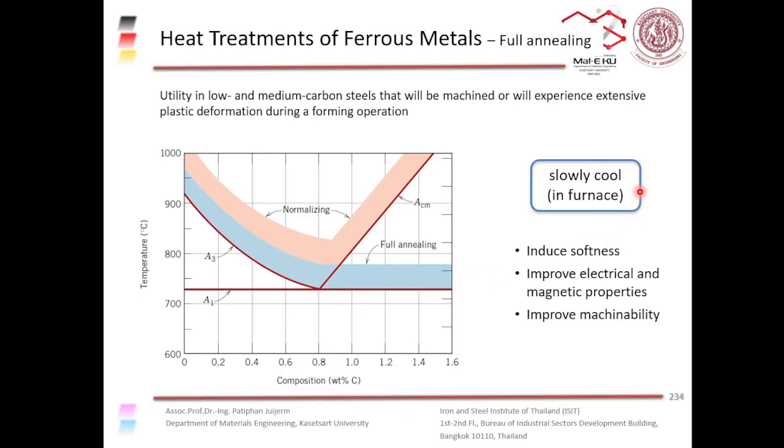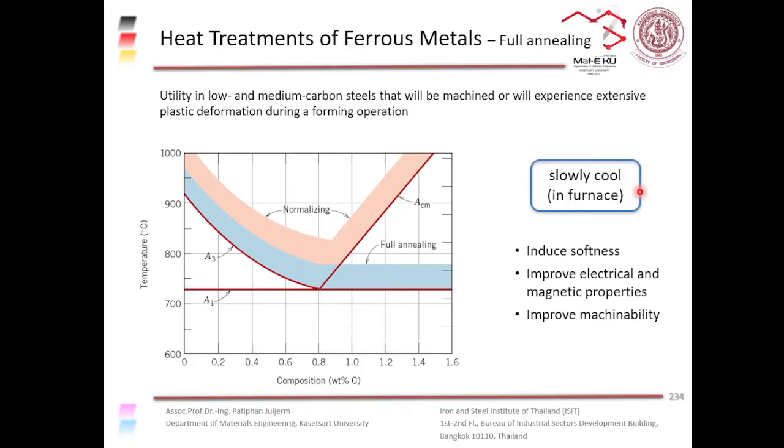Slowly cool it down in this case means you just leave it in the furnace, shut off the furnace, and leave it to cool down slowly within the furnace. And when you do that, what happens is that the grain will start to grow really slowly. You get a slow transformation, so you get bigger grains. Right?